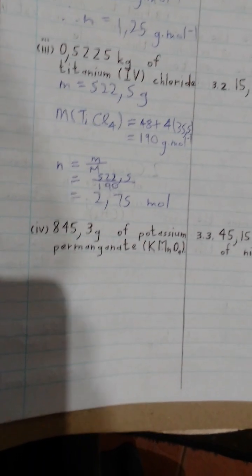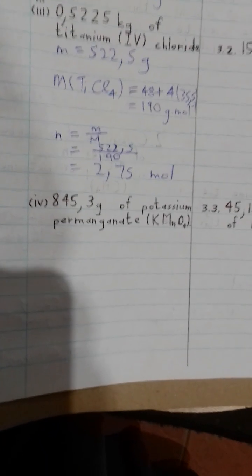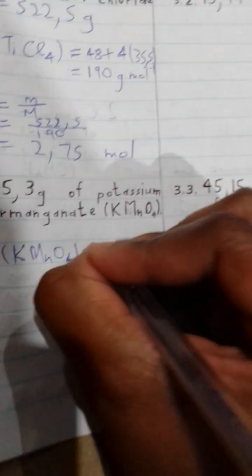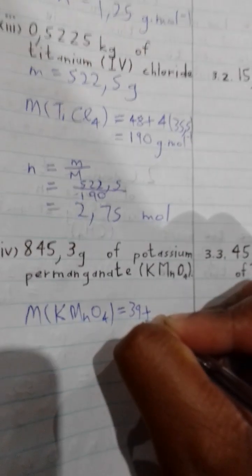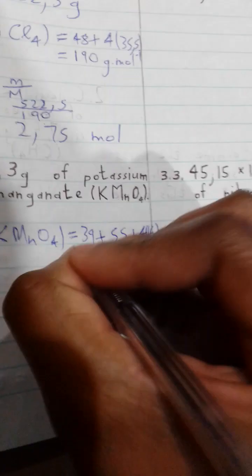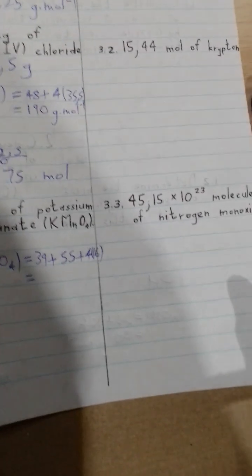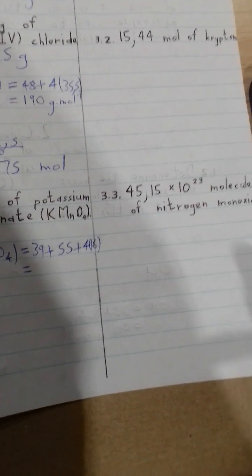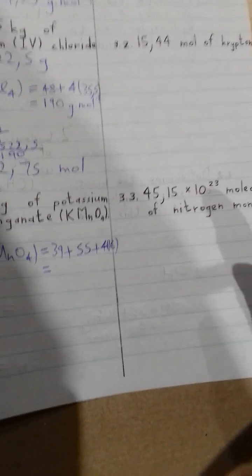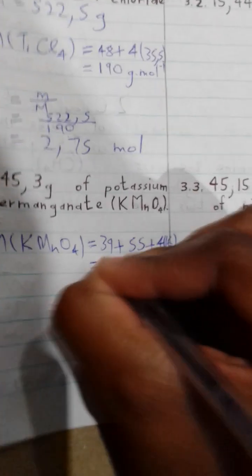Okay, Roman numeral number 4, 845.3 grams of potassium permanganate. So we need to find the molar mass of potassium permanganate. Molar mass of potassium is 39. Molar mass of manganese is 55. Molar mass of oxygen is 16. So it's 158 grams per mole.